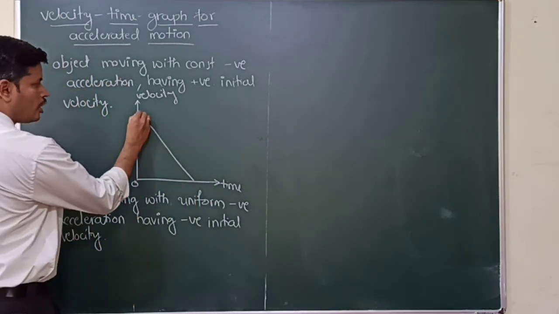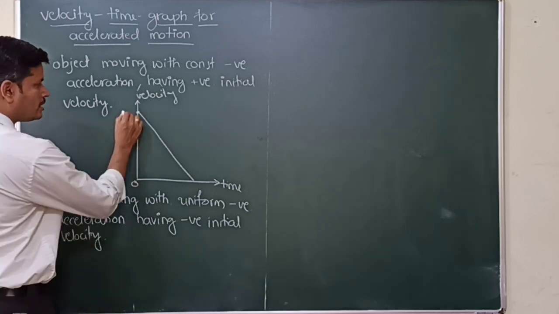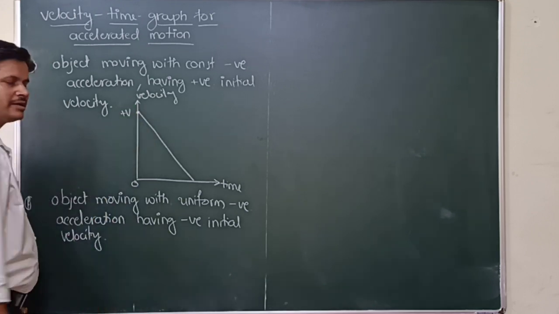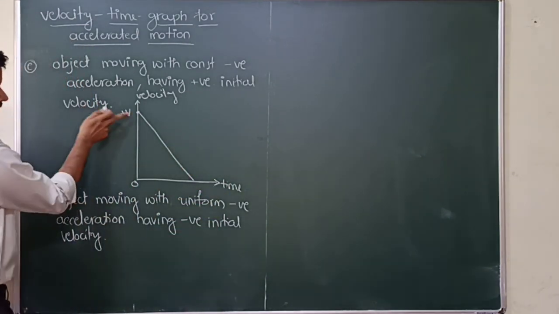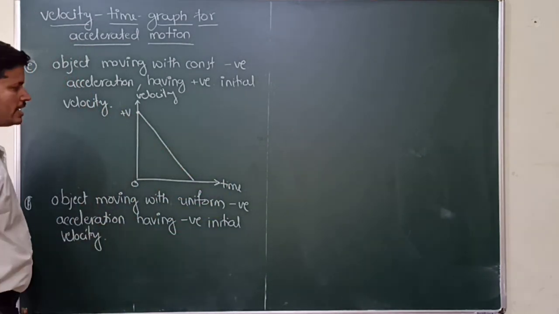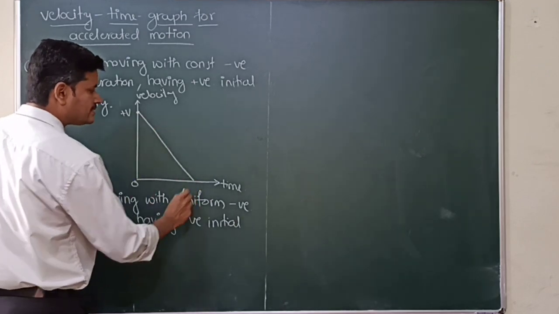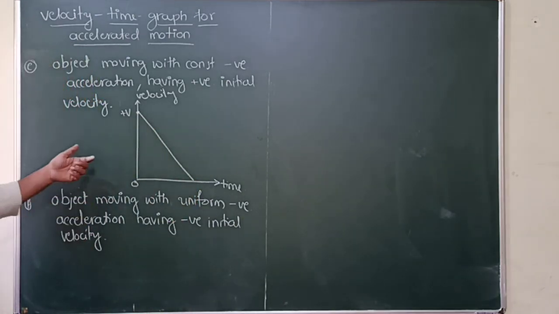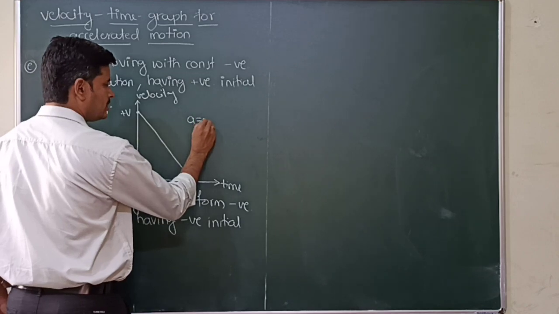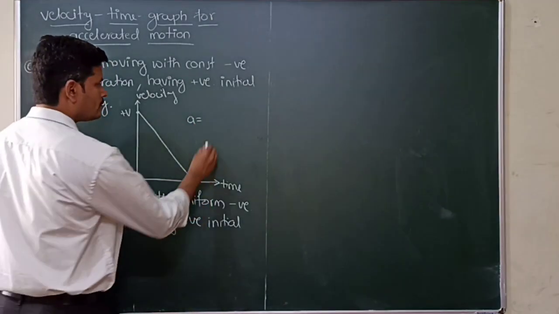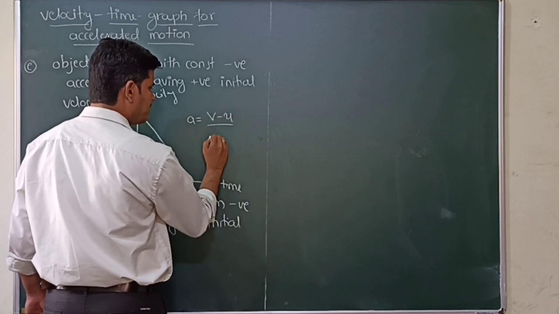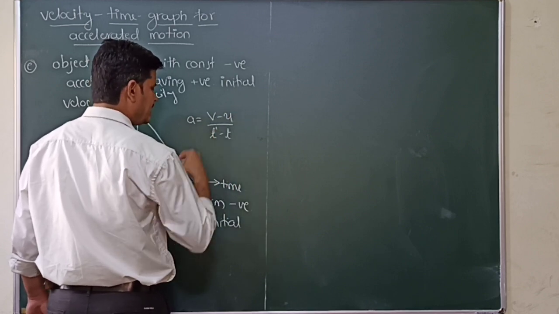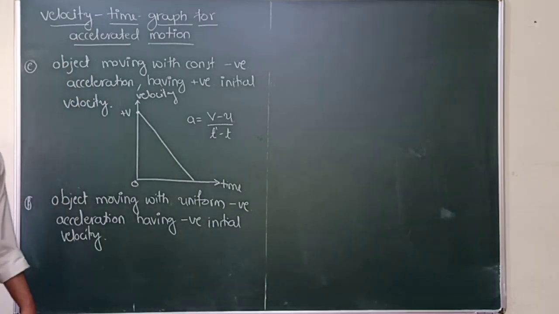Now see here, the object has a positive velocity, positive v, right? And acceleration is negative. If you take the slope of this, then acceleration is what? V minus u divided by t dash minus t. Is it right?